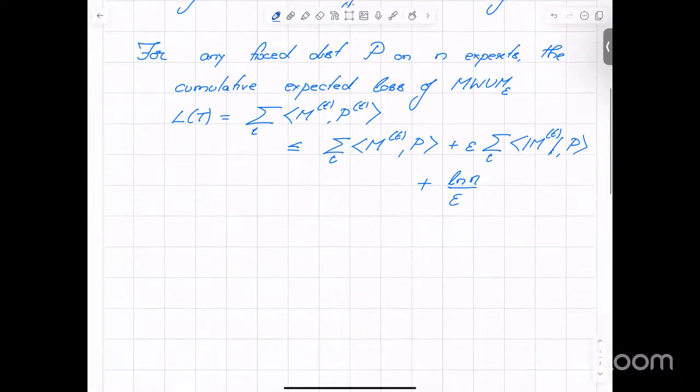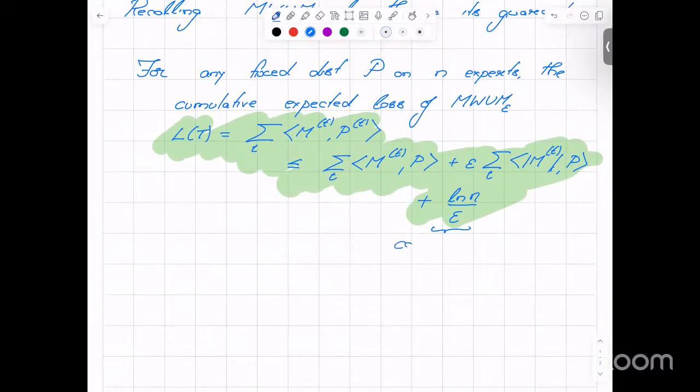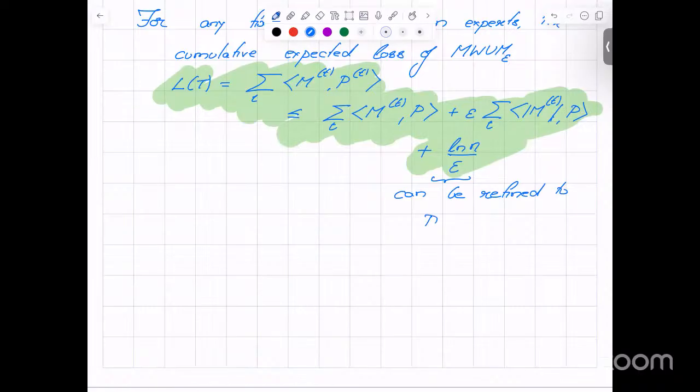And this is the key thing. This term came because we assumed we were starting with the uniform distribution. If we had started with some other distribution, it can be refined to the divergence between P and the starting distribution P1, divided by epsilon.